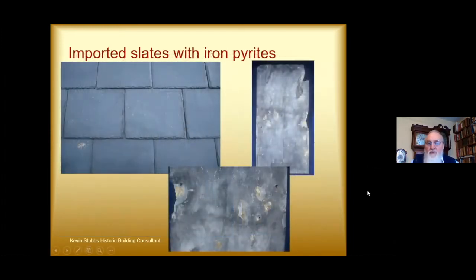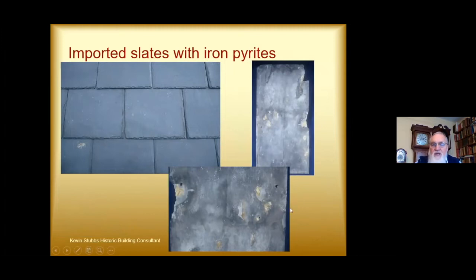Well, from really about the Second World War period, we started to get a lot of imported slate. It was coming into this country cheaper than the Welsh could produce it, but it was of indifferent quality.